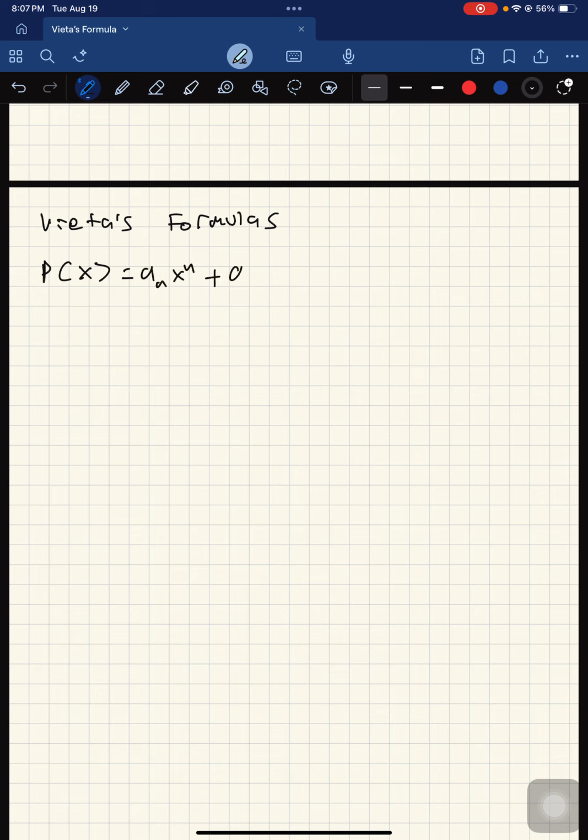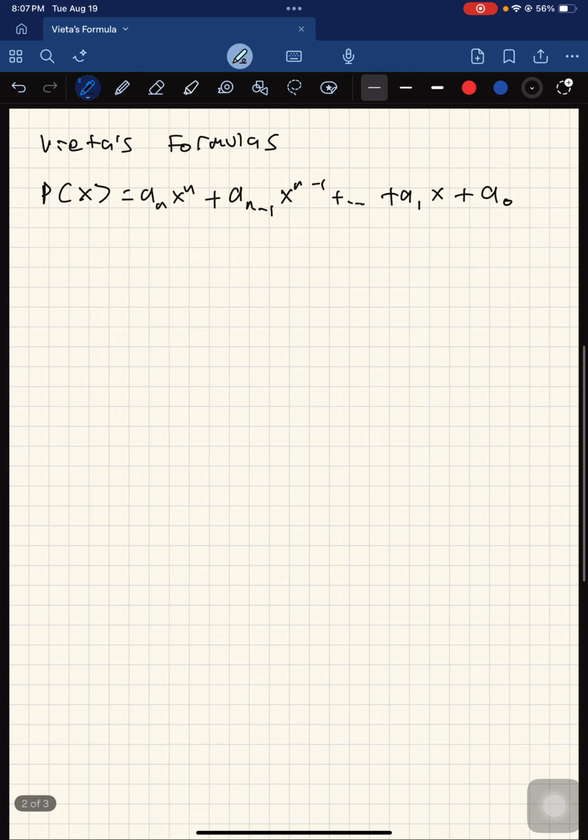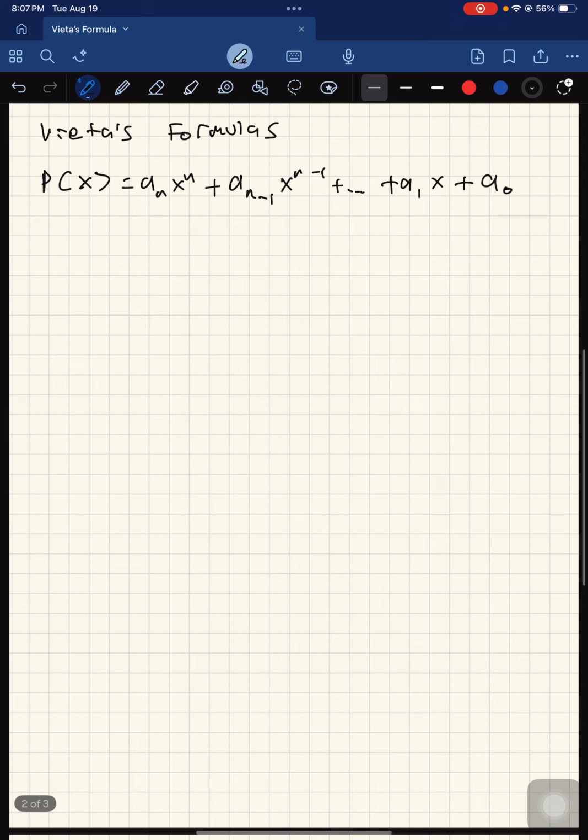The coefficients are going to be denoted by an, and then an minus 1, and so on, and a0 is just the constant. So what exactly are Vieta's formulas? Well, I'm just going to write them down here.